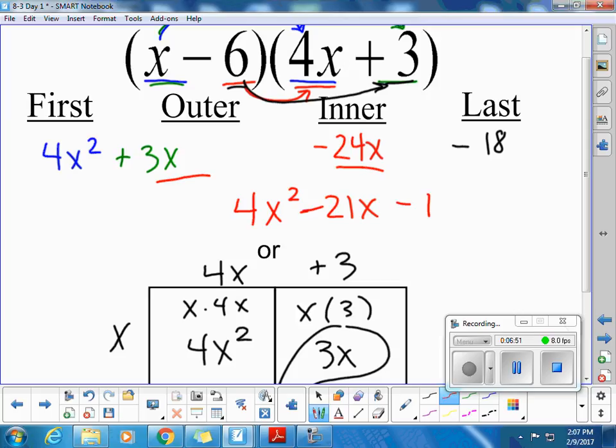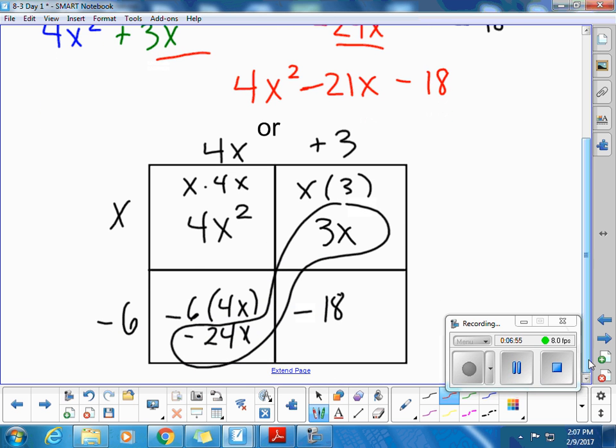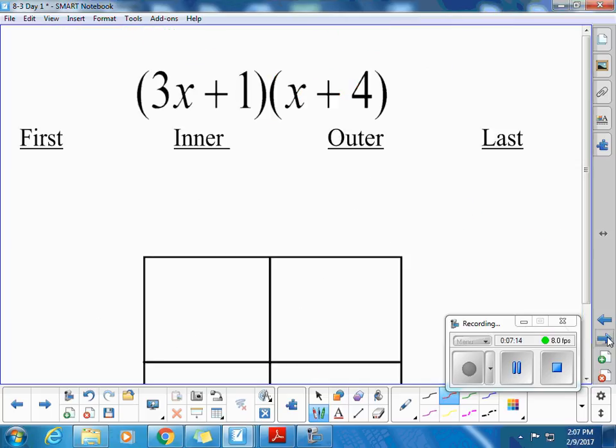And then minus 18. So let's make sure I actually get that when we do the box. We had 4x squared, so it's matched. -24 plus 3 is -21. Oh, -21x, sorry, I forgot my x in there. Minus 18. So either way works just fine.